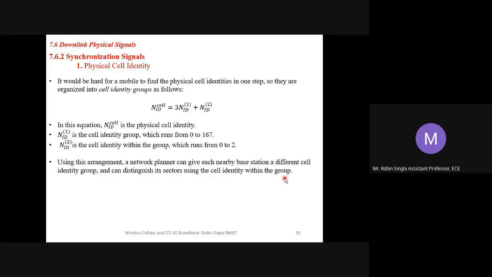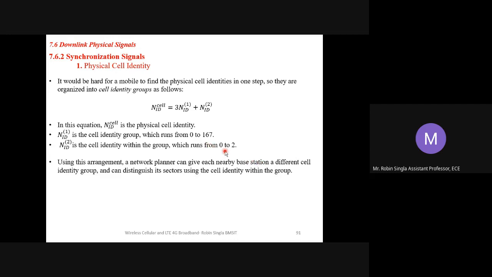You understand this statement? If you remember the cell structure, we have hexagonal cell structure, and in that cell structure we can have 3 sectors, 4 sectors, like that, 3 sectors, 6 sectors. So what it will do? For 3 sector arrangement, let's say it has given 0 identity to a base station cell.